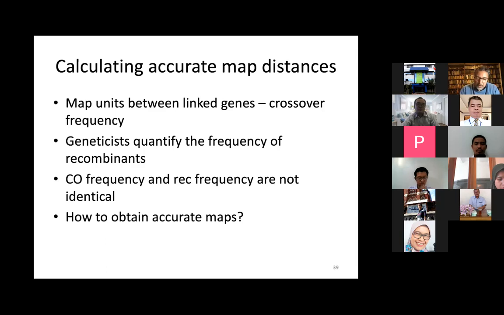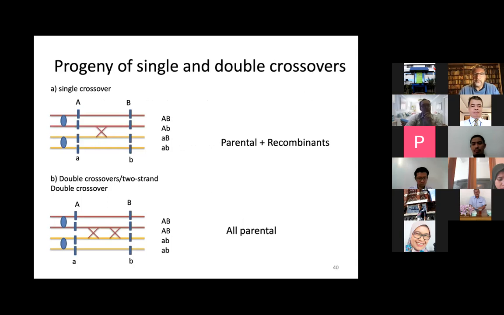So how can we obtain maps? With maps, we have different distances. We have not only small differences, but whole genome distances.